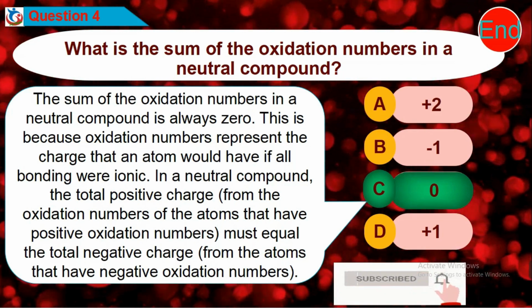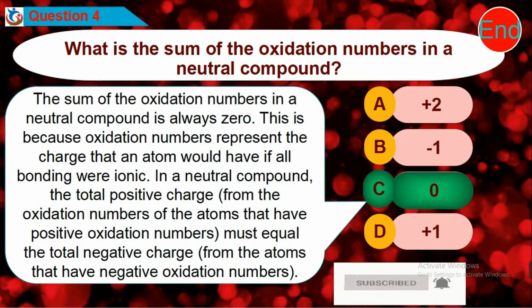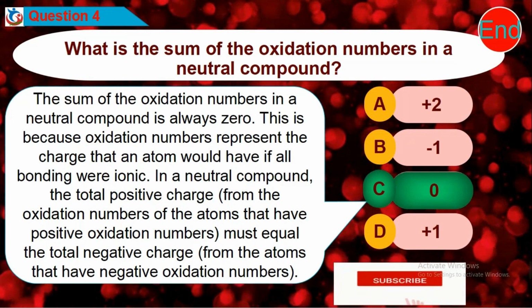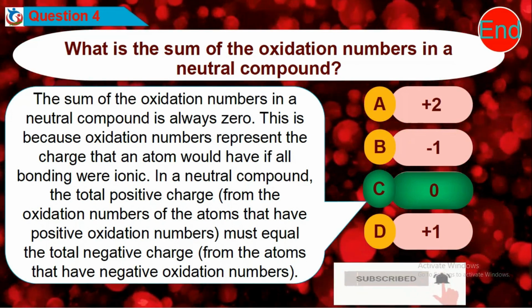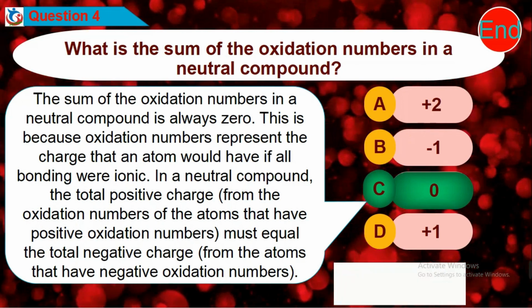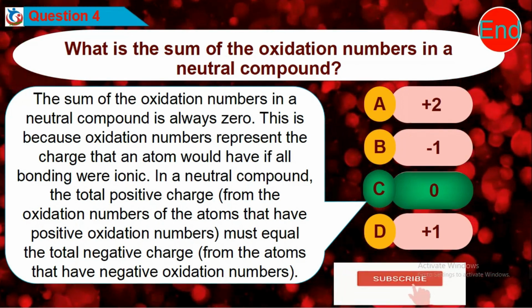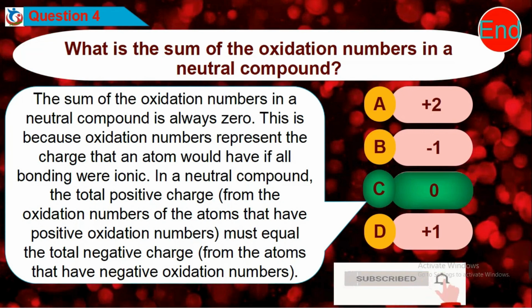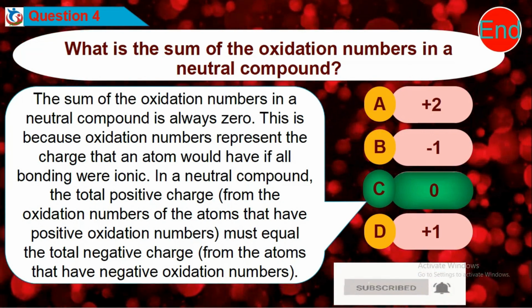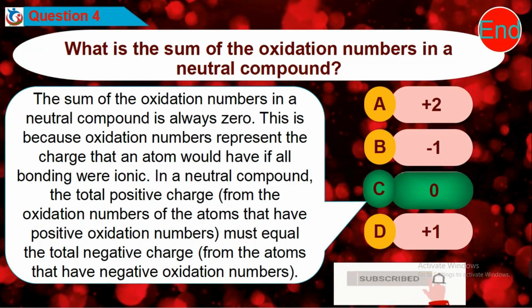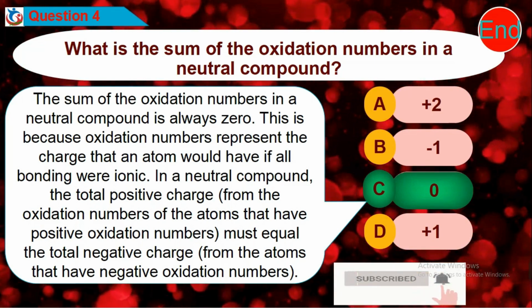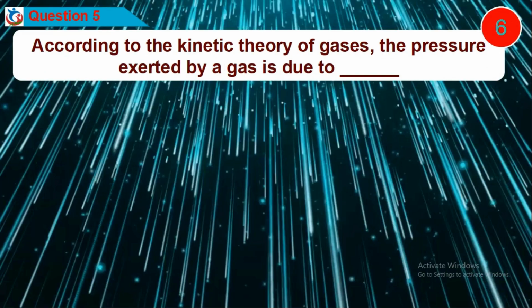This is because oxidation numbers represent the charge that an atom would have if all bonding were ionic. In a neutral compound, the total positive charge from the oxidation numbers of the atoms that have positive oxidation numbers must equal the total negative charge from the atoms that have negative oxidation numbers.